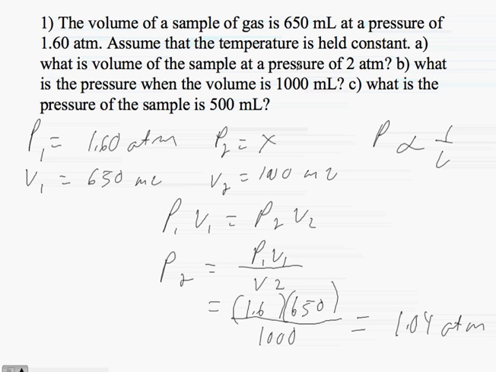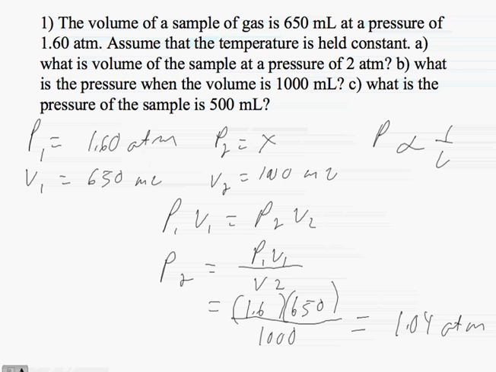My volume 2 is going from 650 to 1,000. So if I have 1.6 atmosphere is what I start with, and I increase my volume, which means that my pressure should decrease. And that's exactly what we see here. We started off with 1.6 atm, and our volume increased, which means that this pressure here should decrease. So that's exactly what we see.